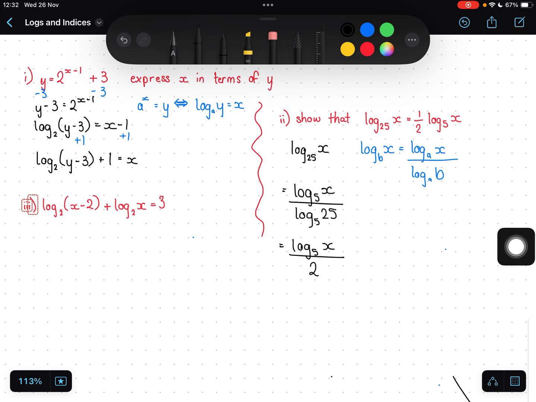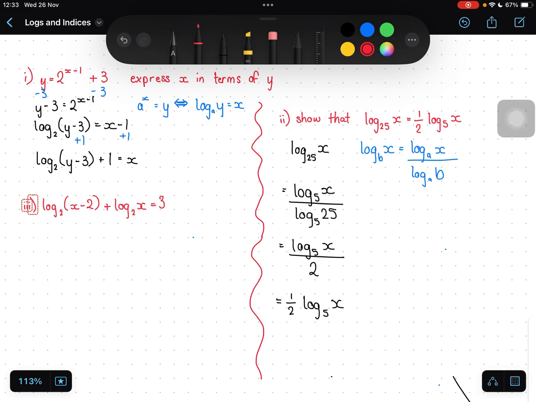Well, it's 2. So I have log with a base 5 of x over 2, which I could leave my answer as, except for the fact that they've asked me to show that it gets to this, so I'm just going to write it in that same form. If it's divided by 2, that is half of my log with a base 5 of x.